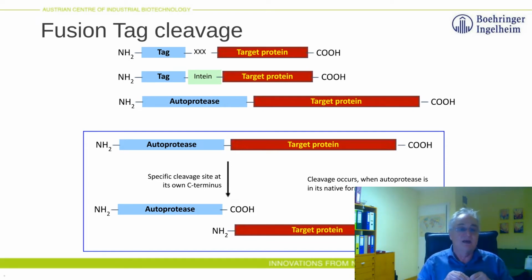And this biological phenomenon can be used to generate a system for fusion tag cleavage. Yeah? So this autoprotease is overexpressed quite often in the form of inclusion bodies, non-native, and upon renaturation there is a specific cleavage of the autoprotease from the target protein.